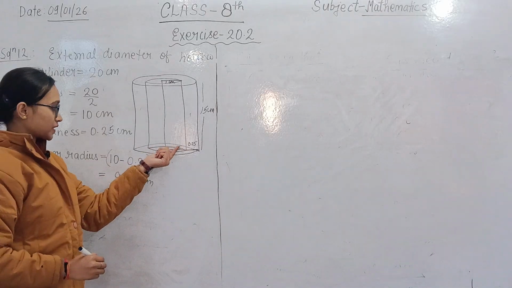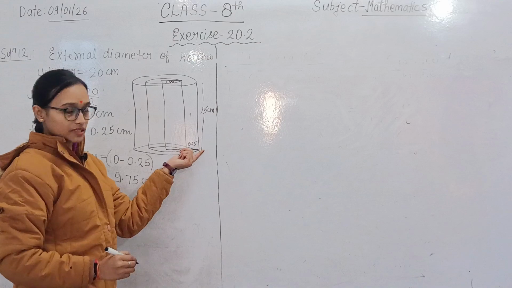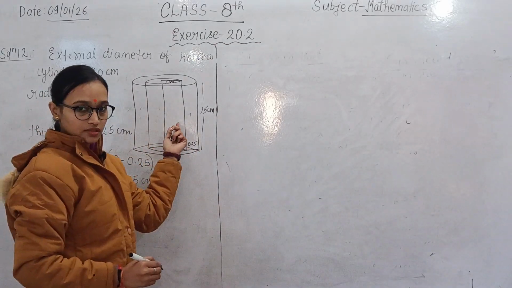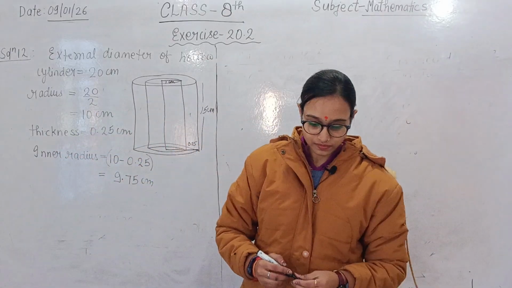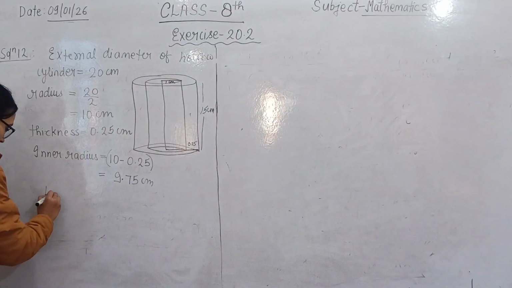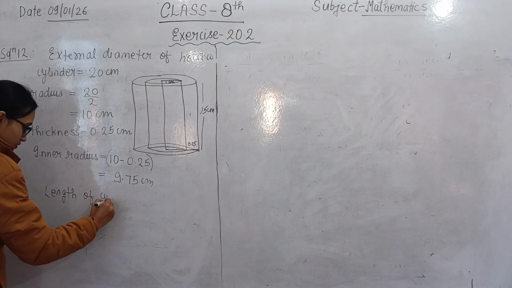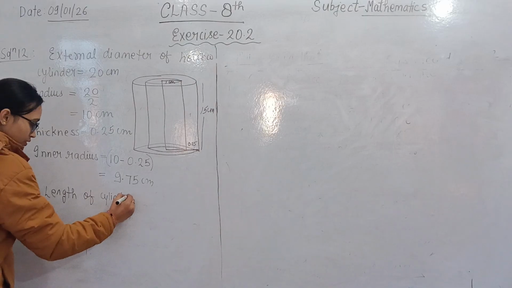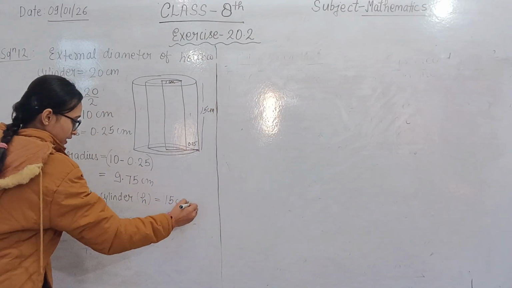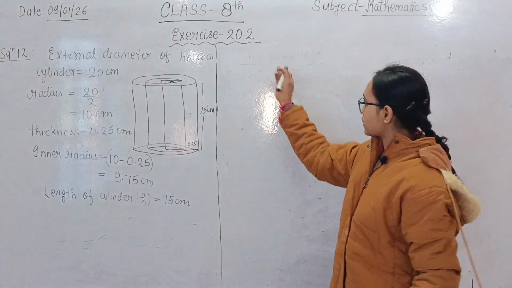When we subtract this thickness, we will get the inner radius of the solid cylinder. Now, length of cylinder, length means h, is given as 15 centimeter.